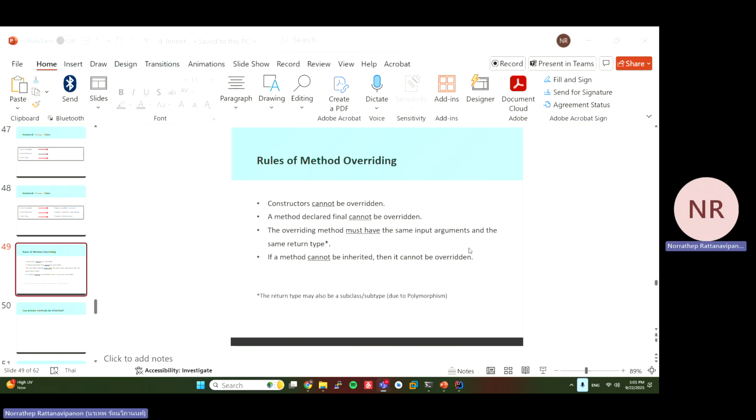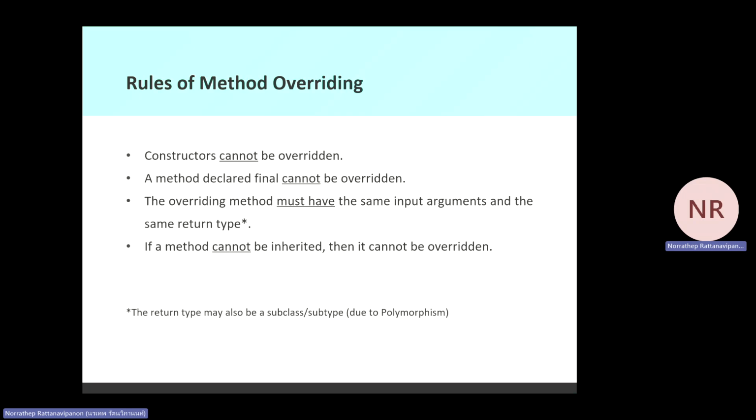Also, if a method cannot be inherited, then it cannot be overridden. If the method cannot be inherited anymore, then it's not possible to override it. That makes sense. So when is the method not inheritable?